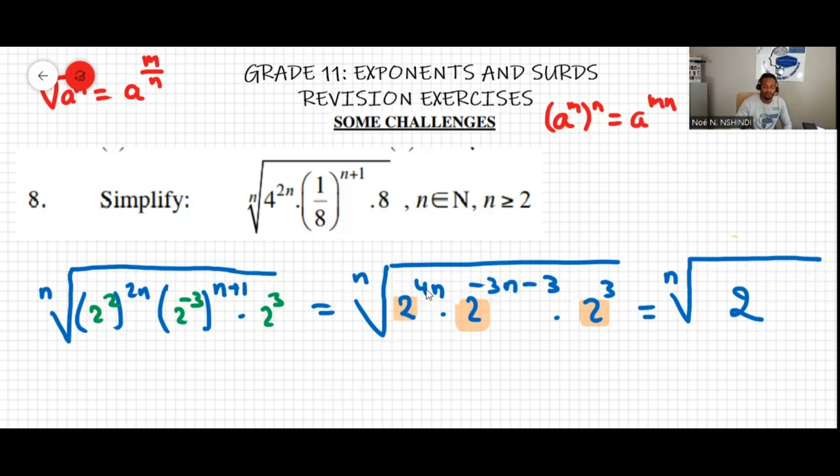It's 4n, not 4, but 4n minus 3n, just n. And then minus 3 plus 3 will be 0. So we have 2 to the power of n. Then we can simplify this root with n, and the answer is just 2. Because we can also say 2 to the n over n, which is equal to 2 to the 1, which is 2.